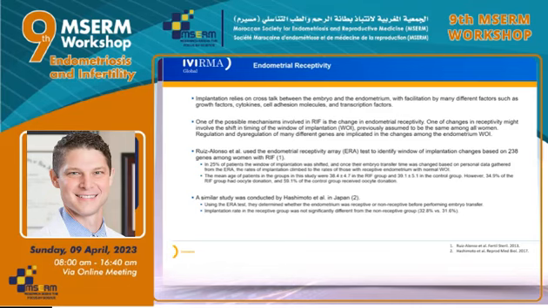This has been popularized by several different tests which are available, one of which is the endometrial receptivity array test. This test looked at a number of different genes which were expressed, and they were found to be either receptive, pre-receptive, or post-receptive.